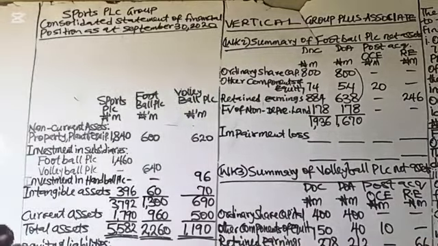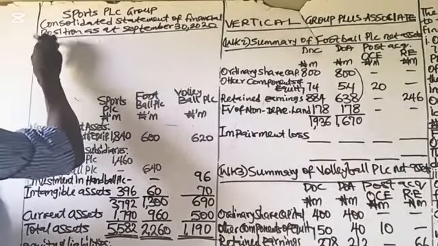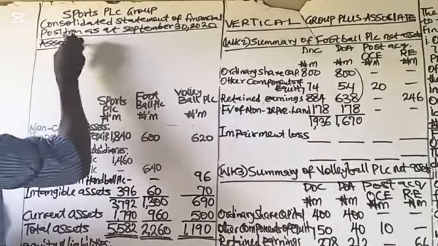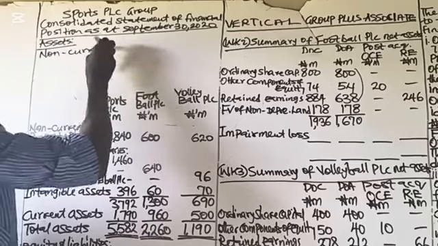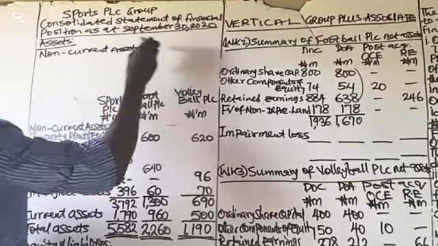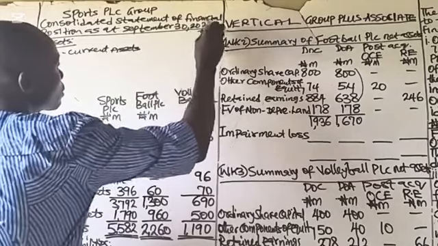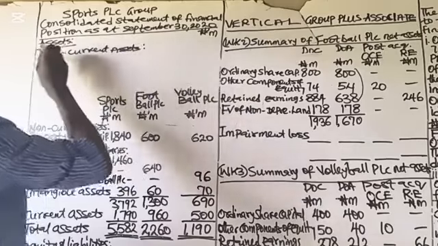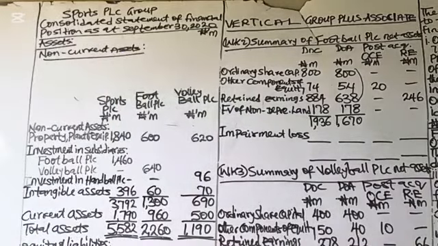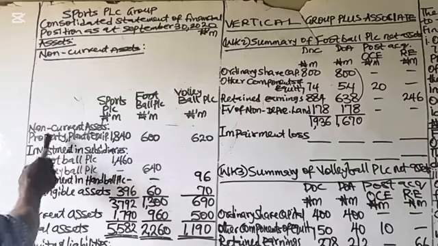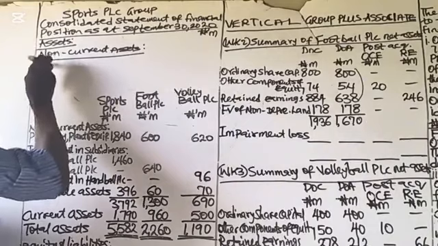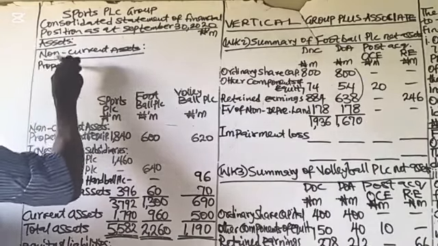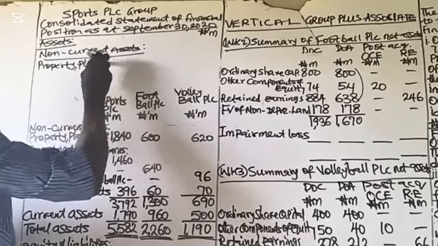Now the starting point is our assets, and the first asset should be non-current assets. As part of our non-current assets, we have property, plant and equipment.